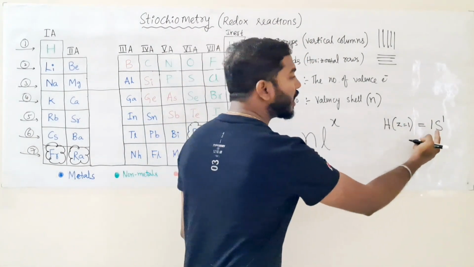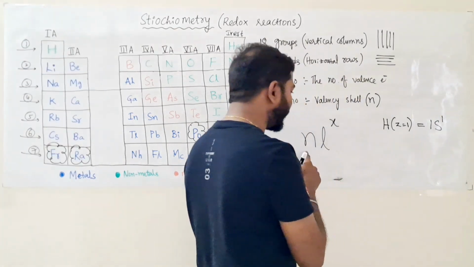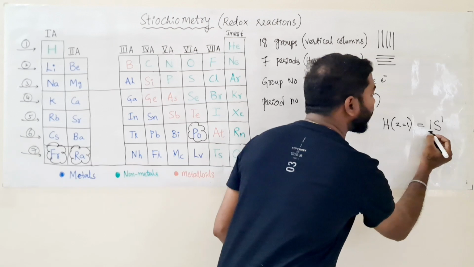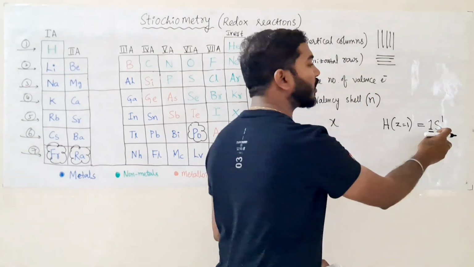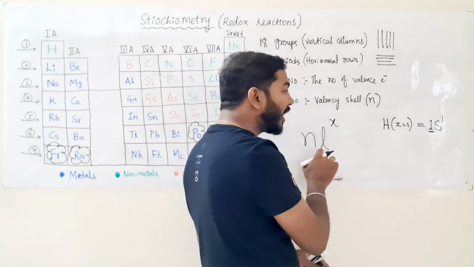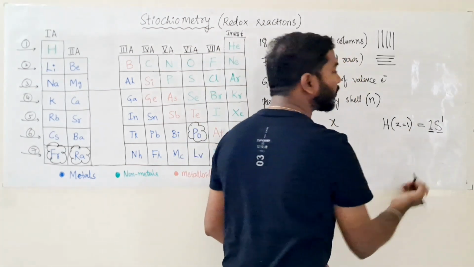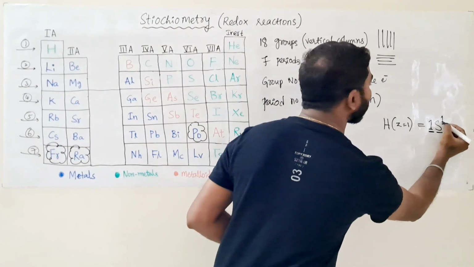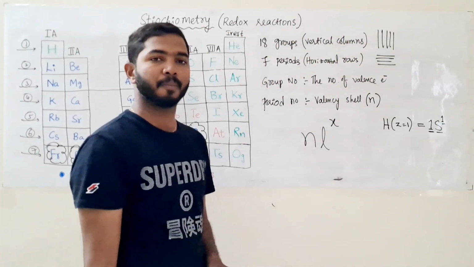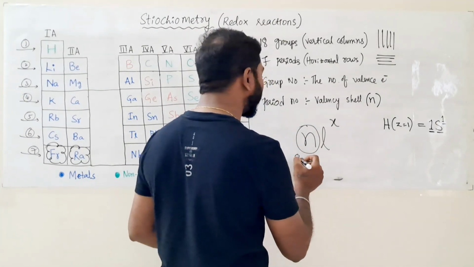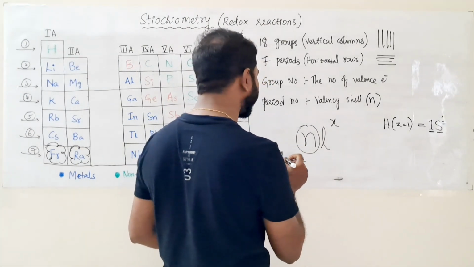1s1. So what does it mean, sir? This 1s1 is in the form of NLX, because the number we are writing in front of the subshell is nothing but the principal quantum number, and L defines the subshell, that is S, and X defines the number of electrons. Clear? So this N defines the shell number or valency shell number.